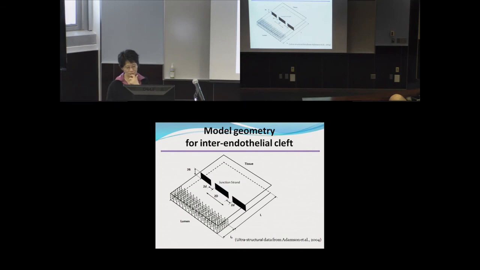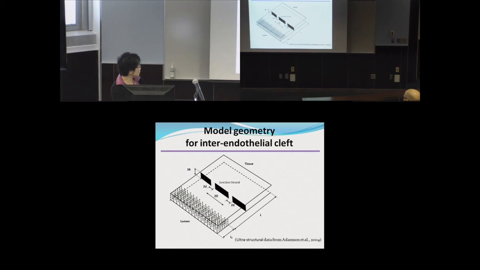Okay, now I show you the part on mathematical modeling. For water and hydrophilic solutes, people find 90% of them will go across the microvessel wall through the interendothelial cleft. That's a gap between one endothelial cell and another one. So this is the surface glycocalyx.